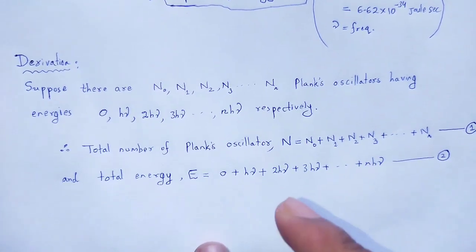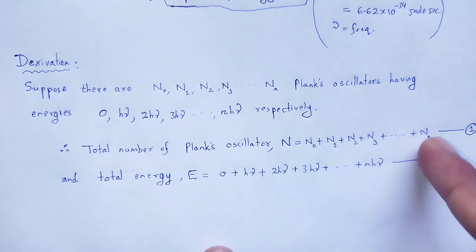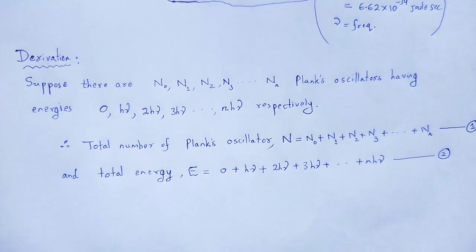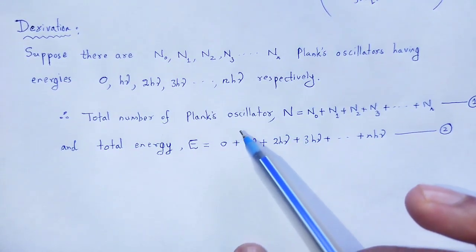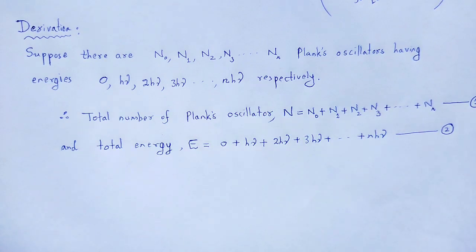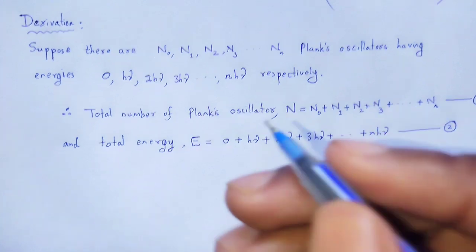Now we have to calculate the number of such Planck's oscillators and the total energy. To calculate the number of Planck's oscillators, we can use Maxwell's distribution law.